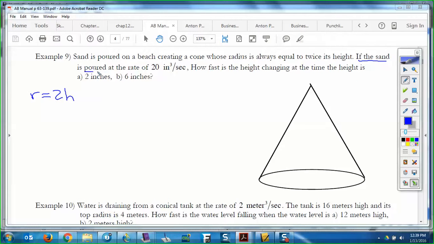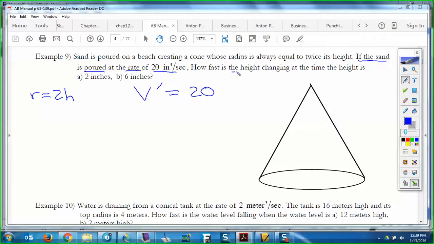If the sand is poured at a rate of 20 cubic inches per second, so what could I label that? V prime. That's volume. The key is cubic inches. And is it positive or negative? Positive, because the sand, the volume is increasing, so the V prime has to be positive. Okay, so V prime is 20.